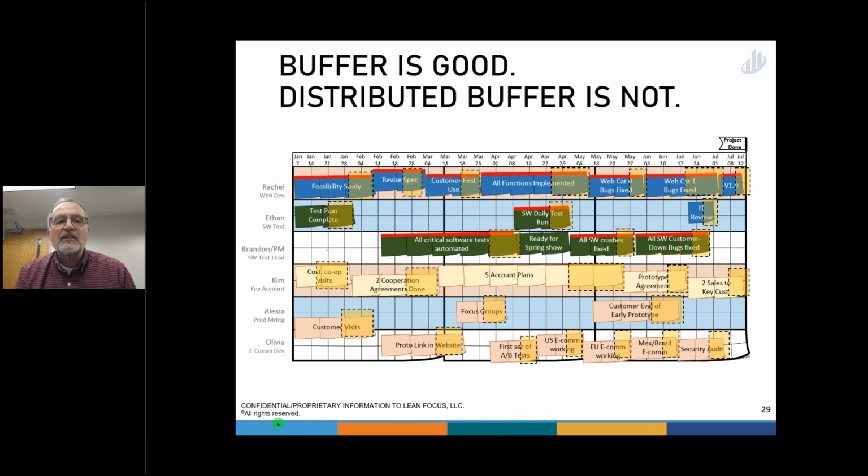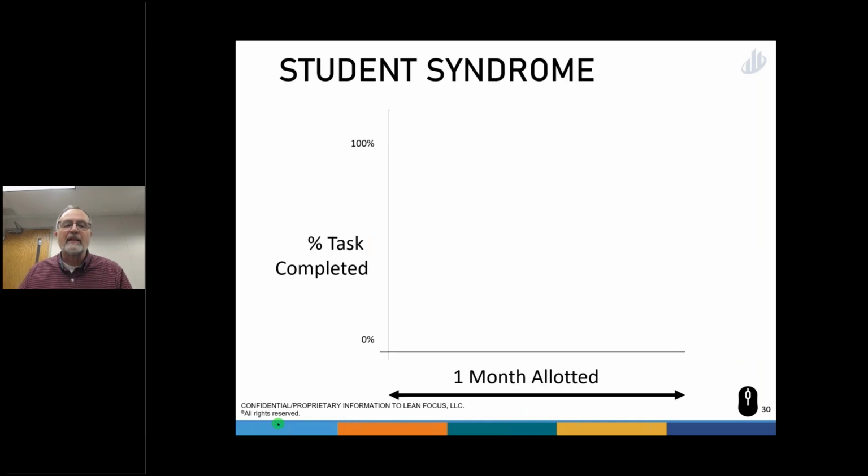The problem we get into is in a project schedule, where we're running different parts of our project, that buffer gets distributed and wasted. So buffer is good. Distributed buffer is bad. Let me explain why. A lot of these learnings come from Goldratt, and this is what he called the student syndrome.